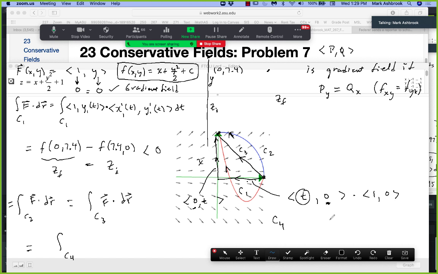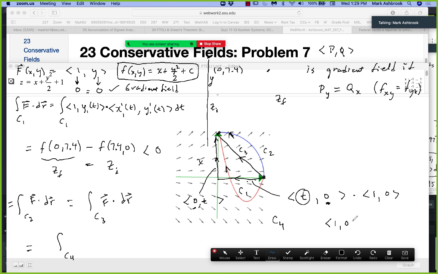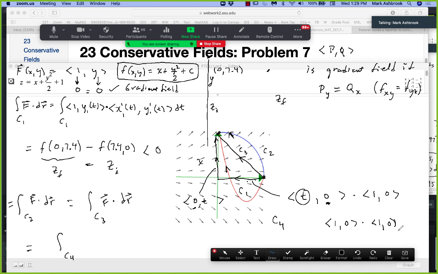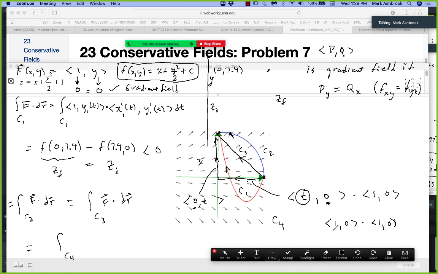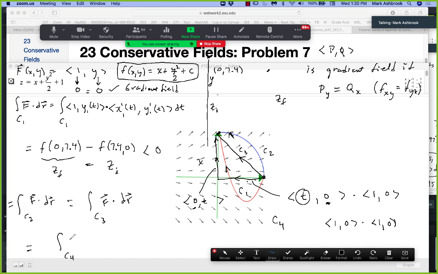It'll be 1 comma y dot 1 comma 0. Look at that for that first part of the path, because y is 0, your vector field is 1 comma 0, your dr is 1 comma 0. So notice, super simple.